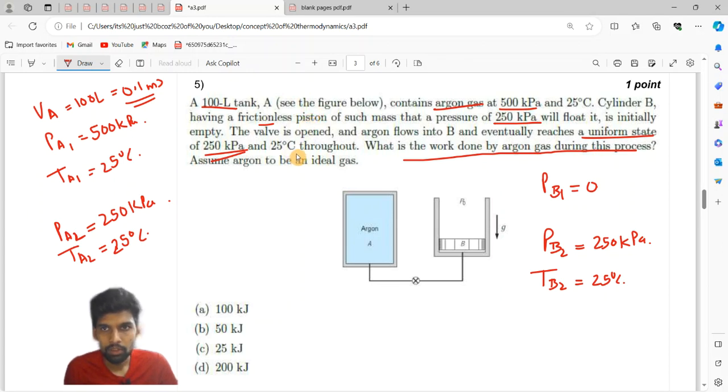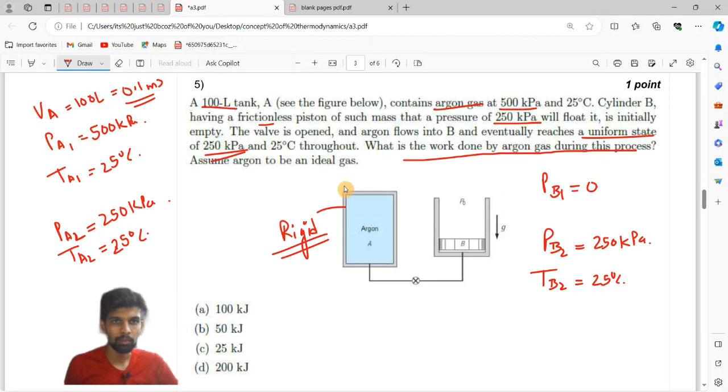Anything I have missed? Let me check. One more thing that they forgot to give is that this tank is rigid.